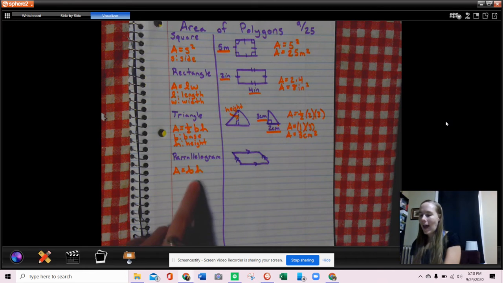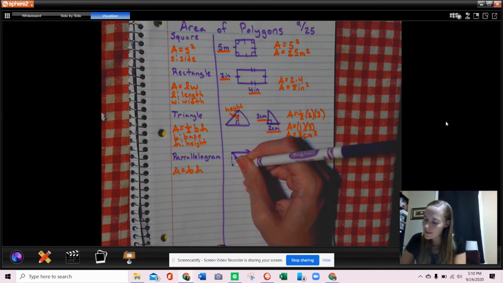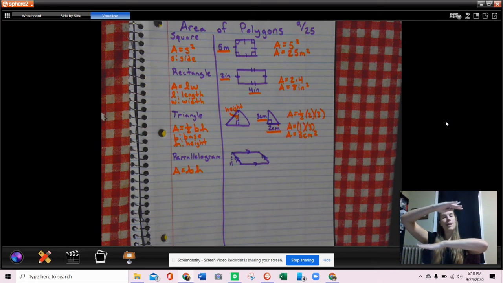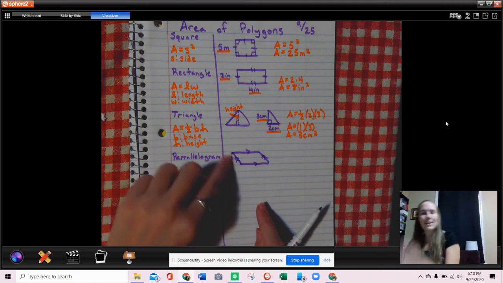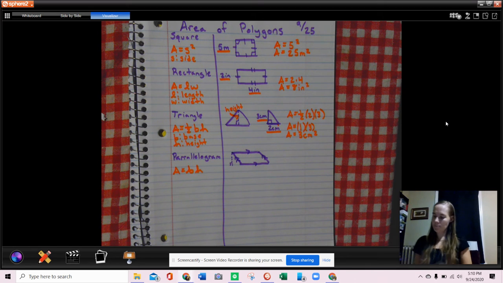And to find the height, just like a triangle, you need the distance between the 2 things. You can't just use this side because that side is kind of squished. You need to have a straight line going down to find the height.